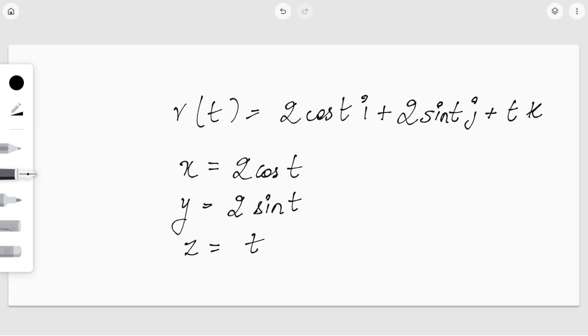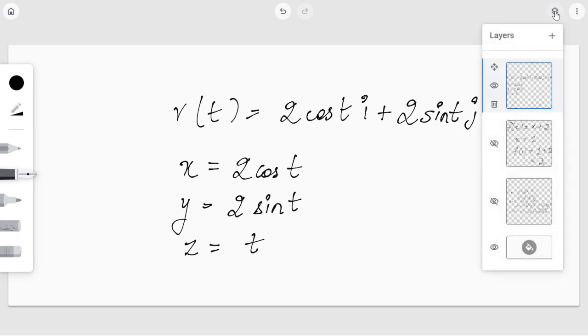So we have found the parametric equations. Now the next step would be to solve the equations for the parameter t. How can we eliminate t from these three equations?